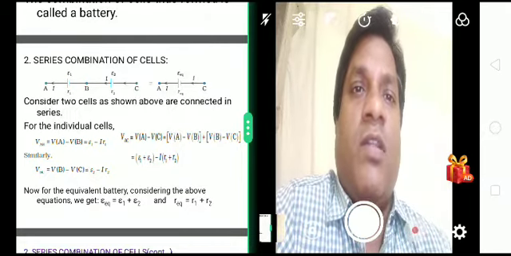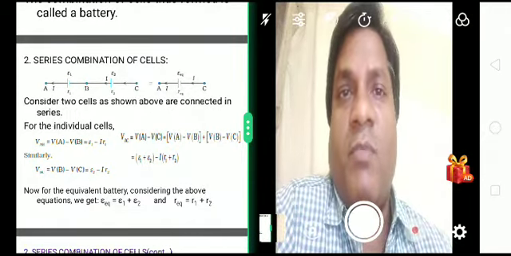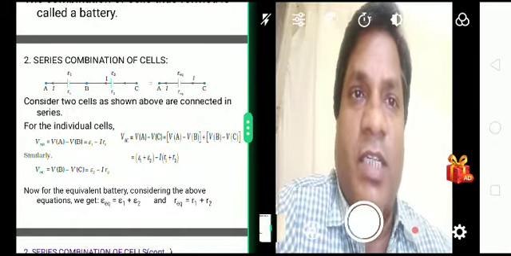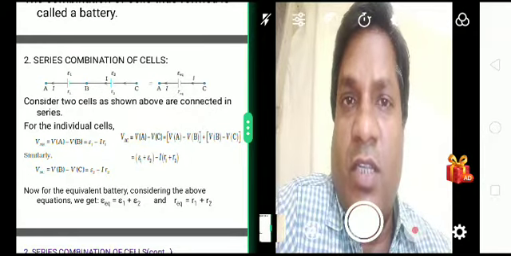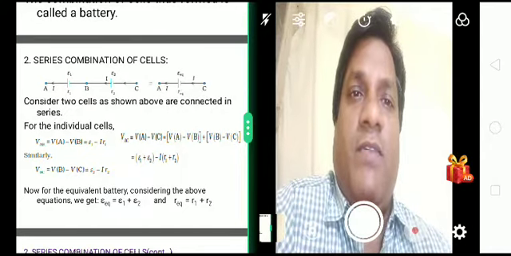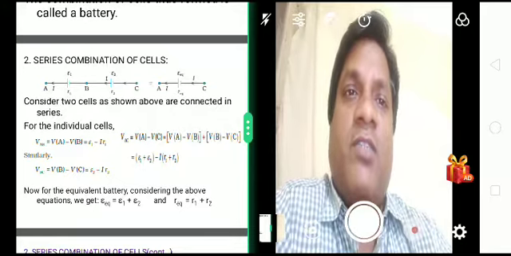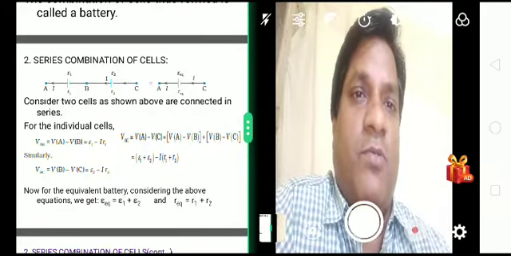So we get the total terminal voltage of the battery as the sum of terminal voltage of the two cells connected in series. So if we combine the two equations, that is equation for VAB and VAC, then we get VAC as E1 plus E2 minus I taken common into R1 plus R2.